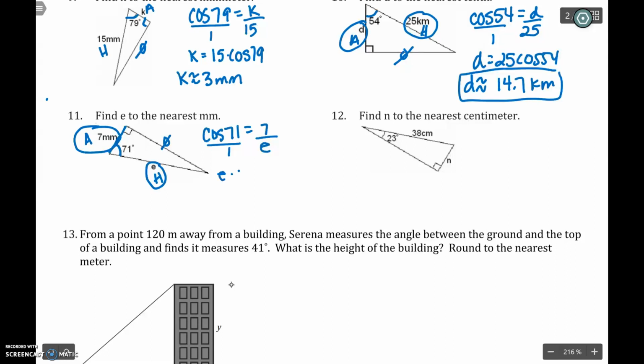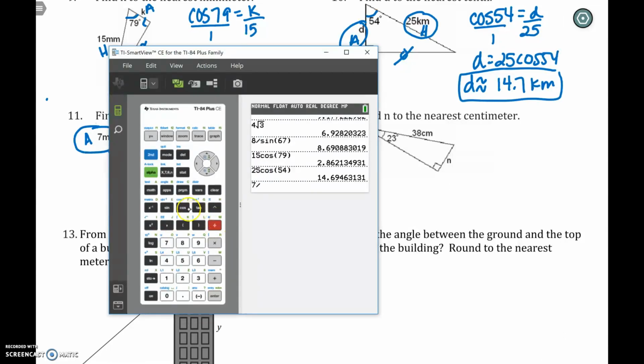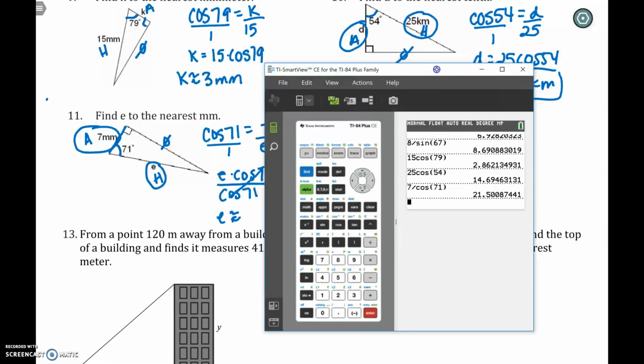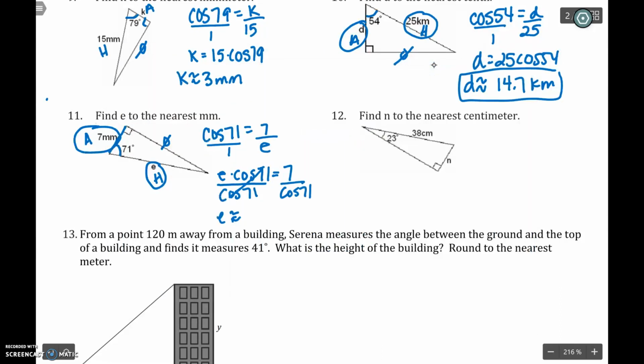E is going to multiply by the cosine of 71. And 1 times 7 is 7. E is not isolated, so we do have to divide by the cosine of 71. And then we're going to type 7 divided by the cosine of 71 in your calculator. And you will get 21.500, which to the nearest millimeter would be 22.